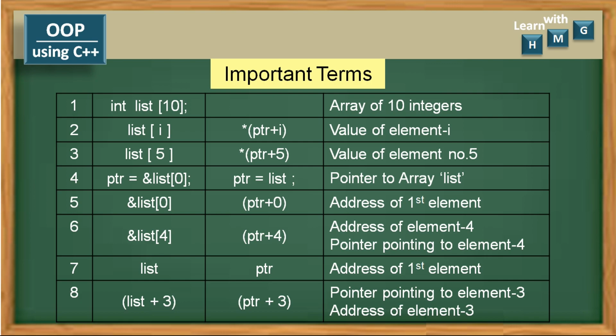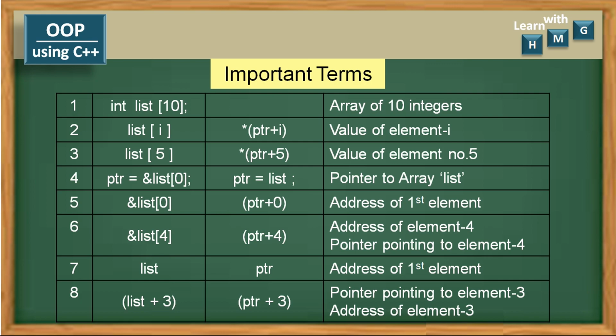Then only the array name and only the pointer name, list and ptr, both represent the address of the first element. List plus 3, that is array name plus 3, and pointer plus 3, both represent the pointer pointing to element number 3, or the address of element number 3.